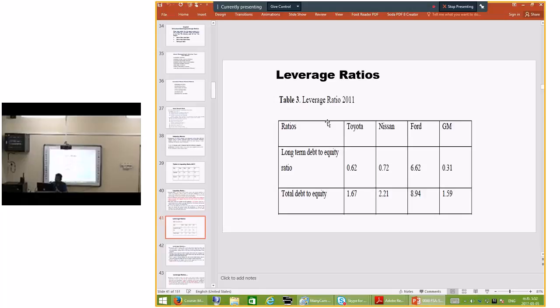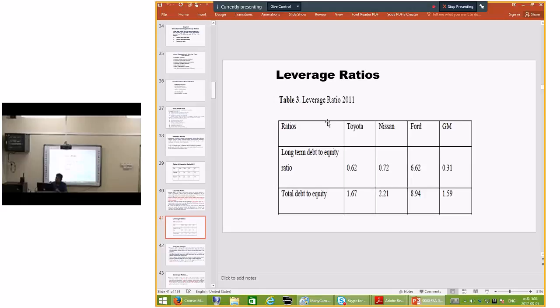If you think about these four organizations, the others are having less than 1, like 0.62, 0.72, right. Ford has a higher value, 6.62. That means it may have a financial risk issue. That is the major issue.